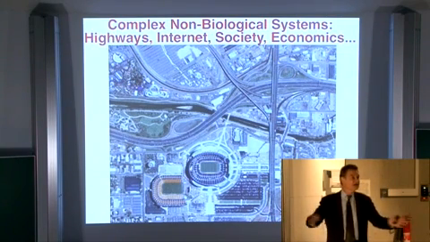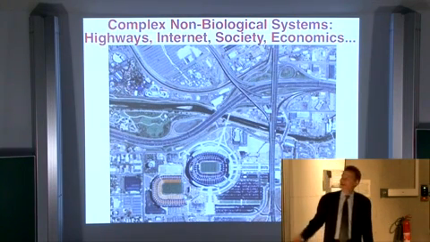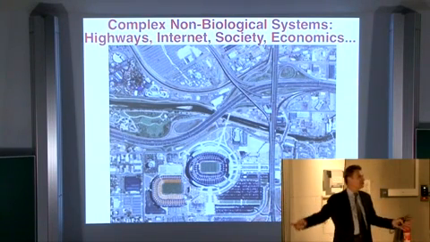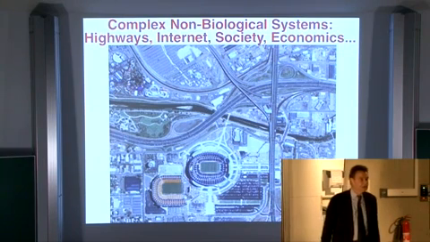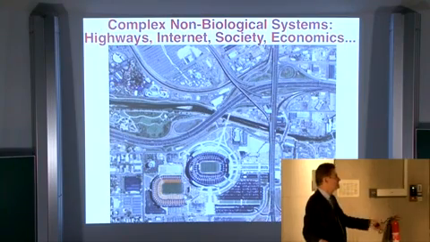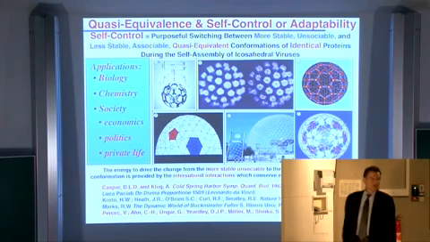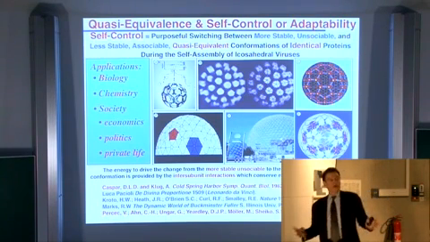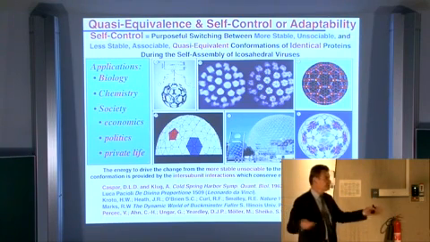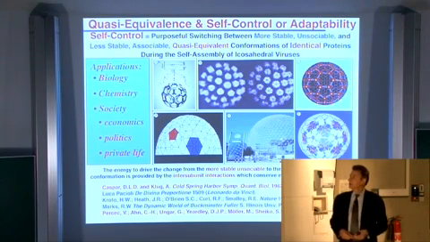You cannot do the design neglecting what the other highway is doing. And that's the case for the internet, for society, for economics, for everything. You cannot disregard the economic situation in the United States and try to fix the economic situation in Europe. They are interconnected. So this is something very old in the field of molecular sciences, in the field of supramolecular sciences, at the macroscopic and at the molecular level.